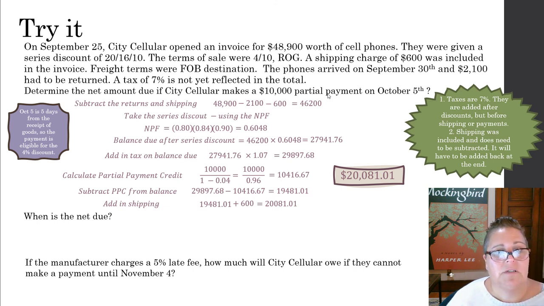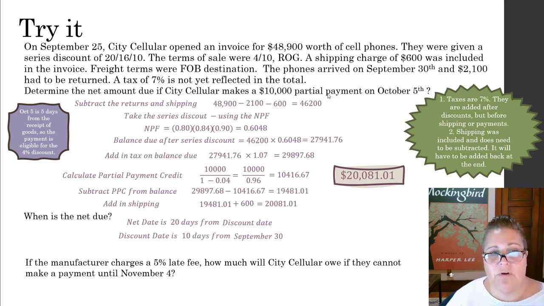This net amount is due 20 days after the discount date. So it's going to be 20 days from the discount date. I need to find the discount date. So the discount date is 10 days from the receipt of goods. Receipt of goods was September 30th.